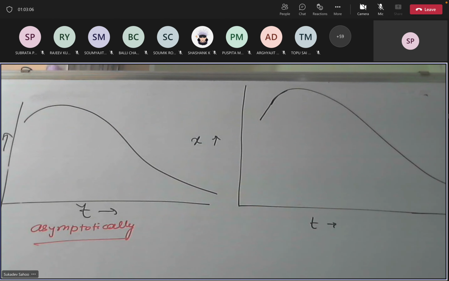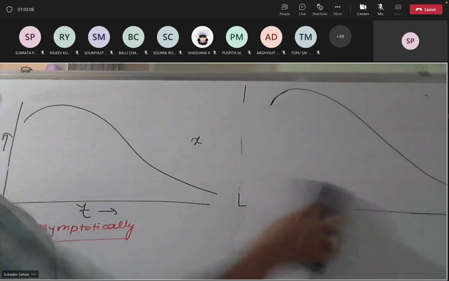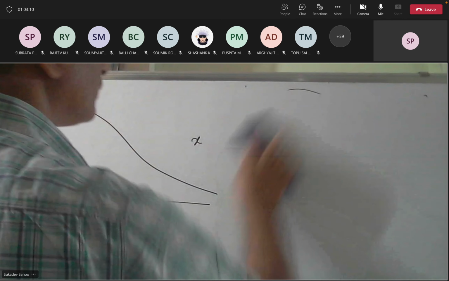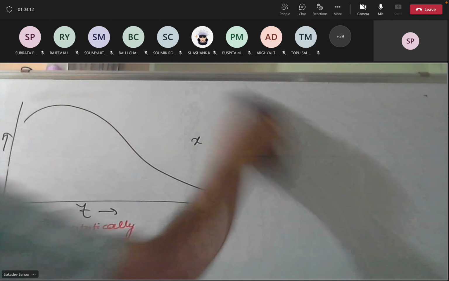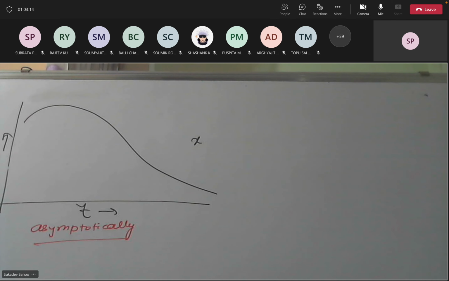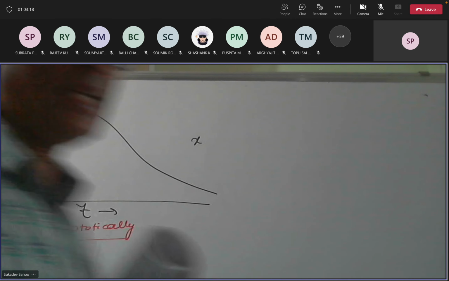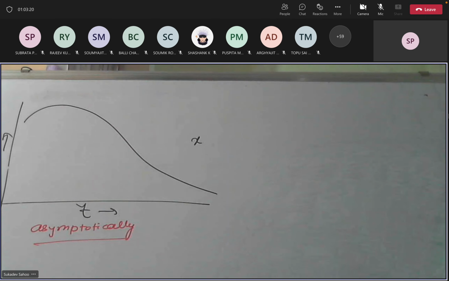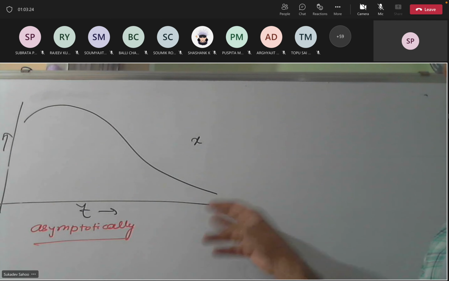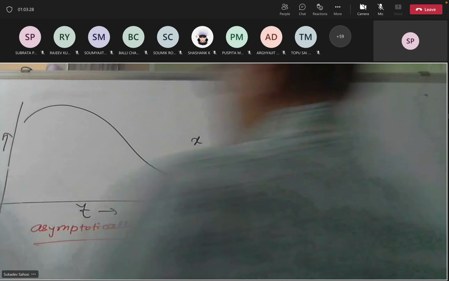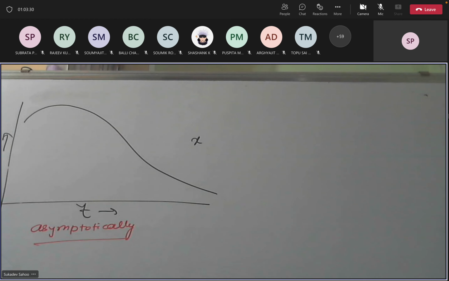Then comes case 2. It decays asymptotically to 0, but it will take time before it becomes 0.